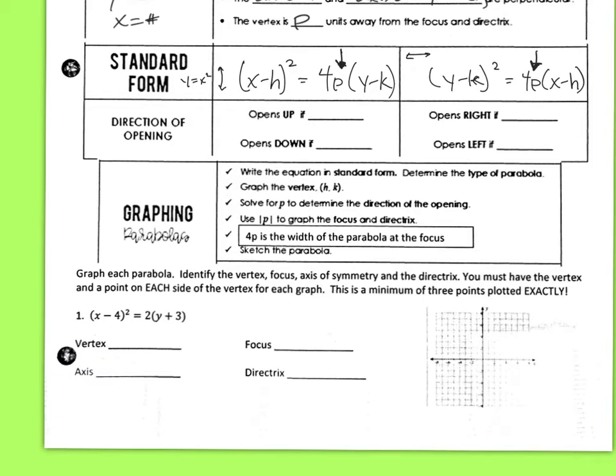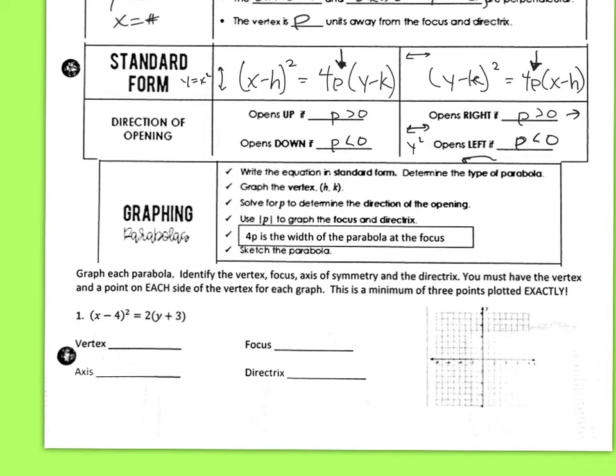If p is greater than 0, it opens up. It opens down if p is less than 0. For the left and right opening parabolas, the y squared parabolas, it goes right if p is greater than 0, and it goes left if p is less than 0. Again, because negative numbers are to the left, positive numbers are to the right.